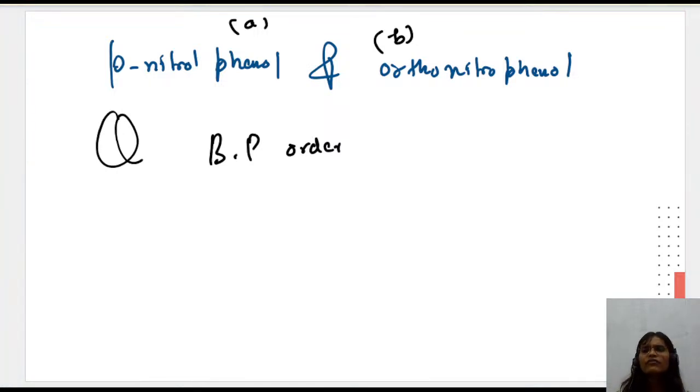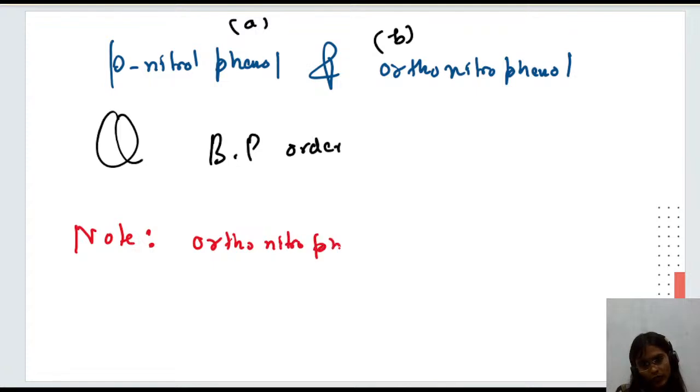This is a very frequent statement, especially if you are solving the PYQs. So what is the note for this point? Ortho-nitrophenol is steam volatile.